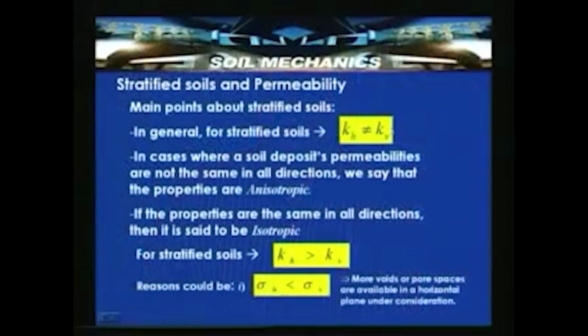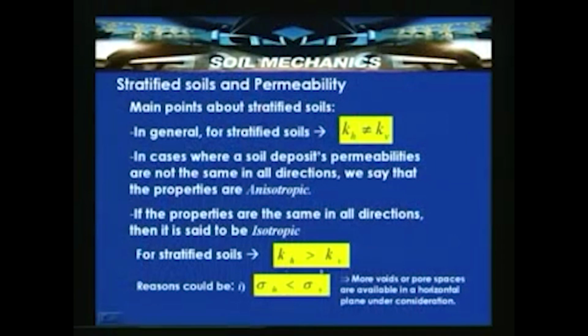Because of that, generally k_h is said to be more than k_v, that is, the coefficient of permeability in the horizontal direction is more than in the vertical direction. If k_h is not equivalent to k_v, such soil deposits are said to be anisotropic soils. From the flow point of view, if the permeability is not identical in both directions under consideration, we say it is anisotropic.